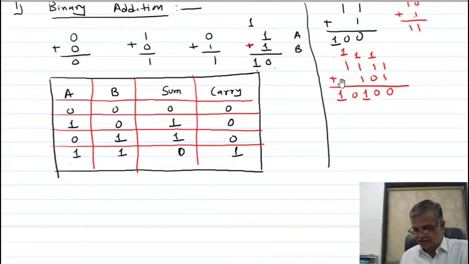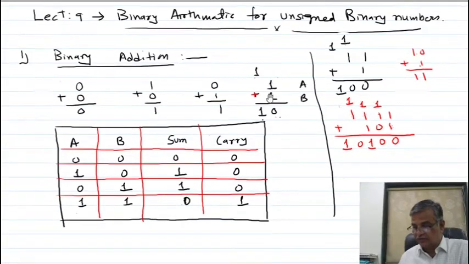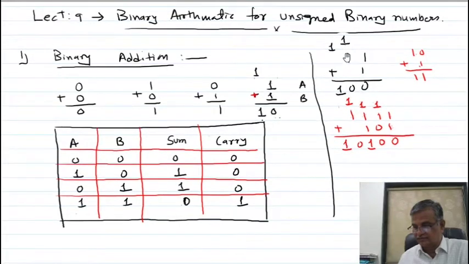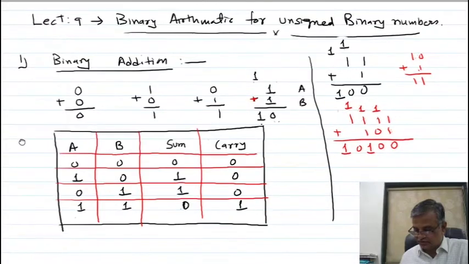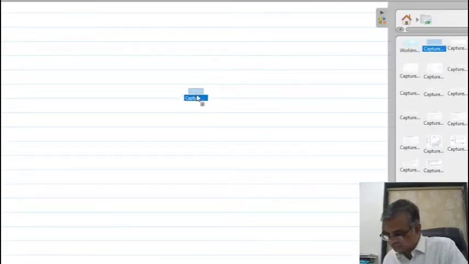Please remember what I have shown here: 10 plus 1 is 11, 1 plus 1 is 10, 11 plus 1 is 100. So you can perform any numerical. Let us perform two numericals.